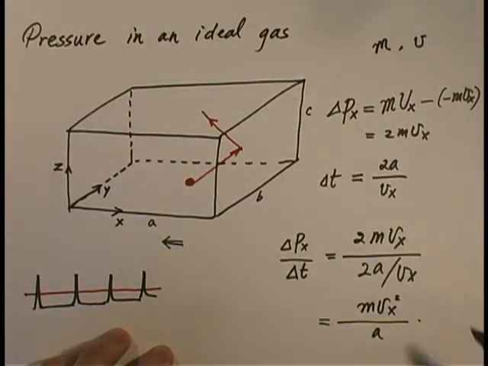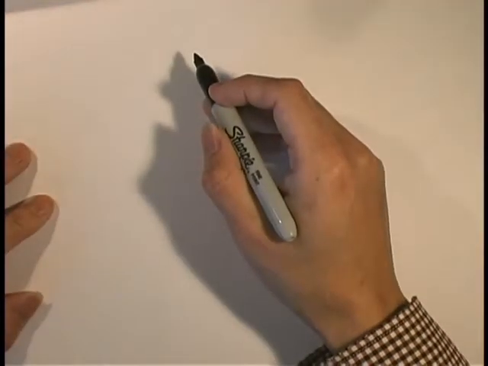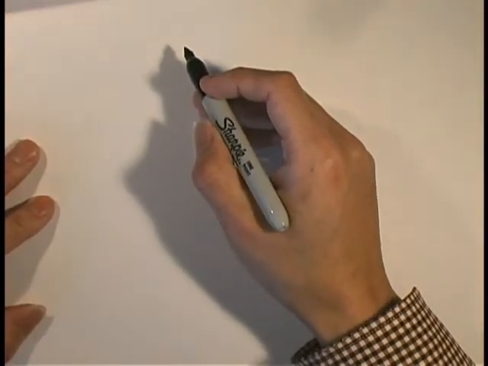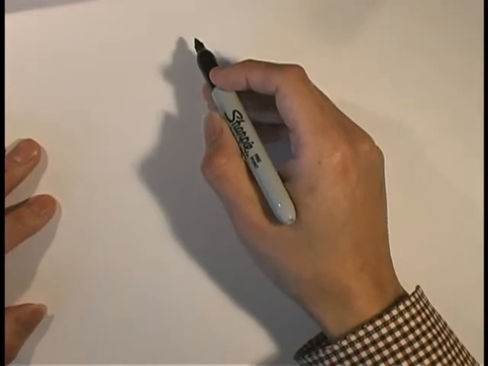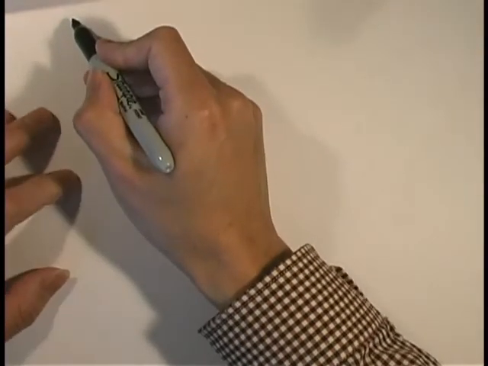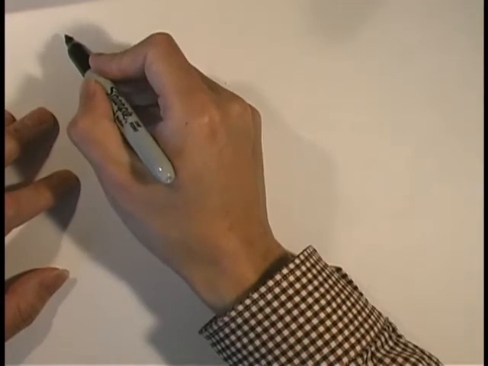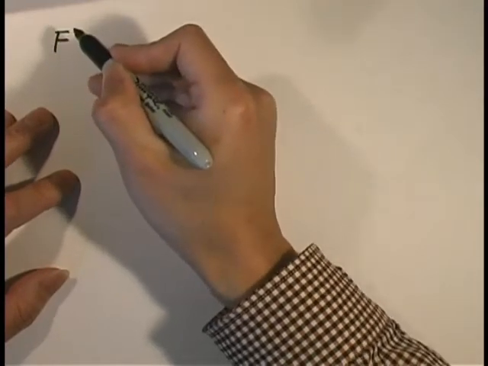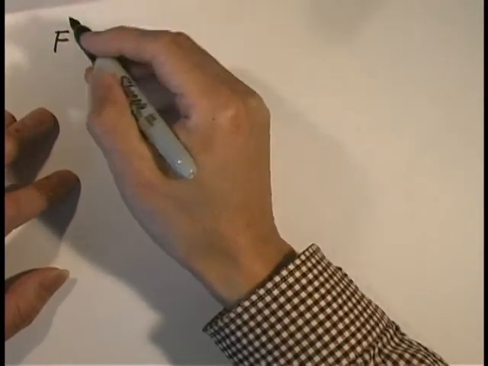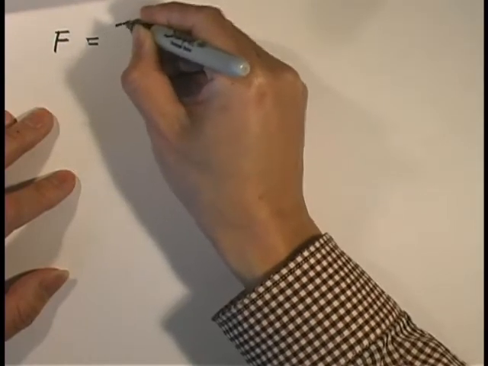Okay, this is the contribution to the collision force from this tiny molecule. Of course, we're not interested in just one molecule. We're interested in all these molecules together, and therefore we need to add everything up. Suppose we have all these molecules. This is only one molecule. Let's call this the ith molecule. So the total force exerted on this wall, F, due to all these molecules, I must sum over all these molecules.